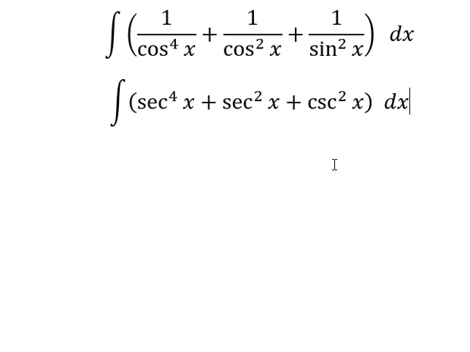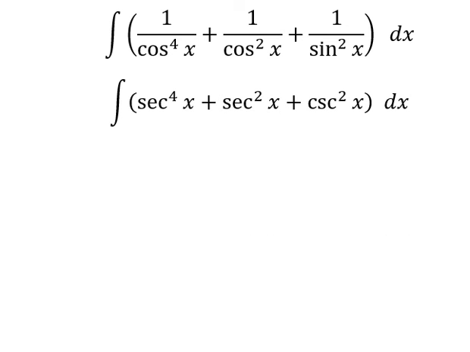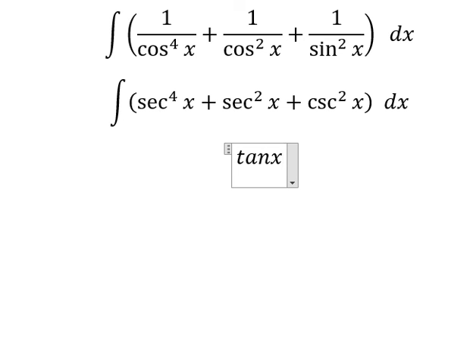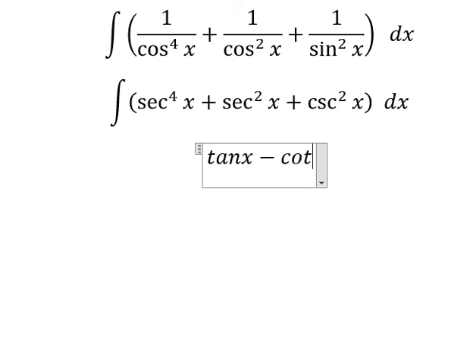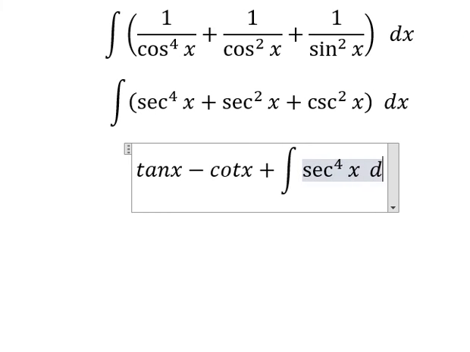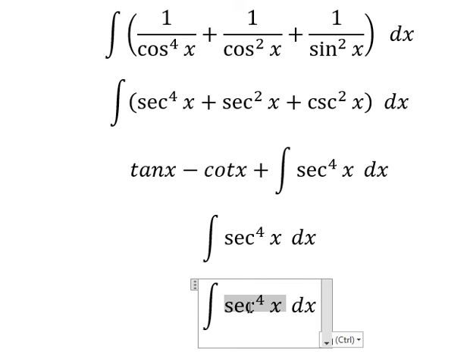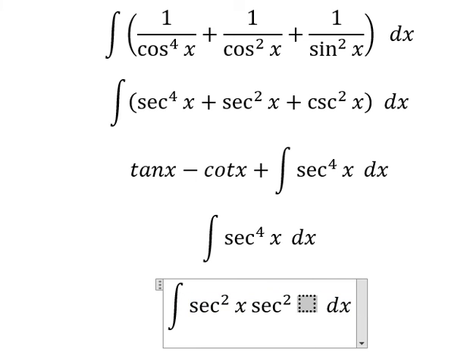Next, the integration of secant of s squared, we have tan s. The integration of this one, we have negative cotangent s, and now we just have this one left. So this one we have secant of s squared and secant of s squared.